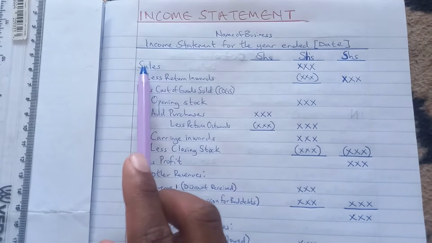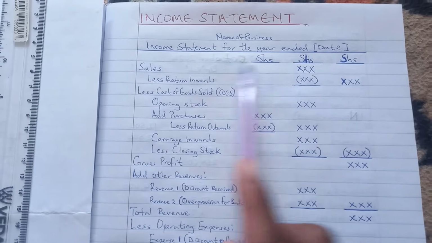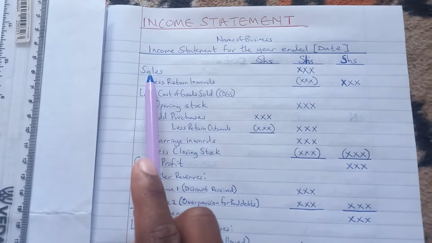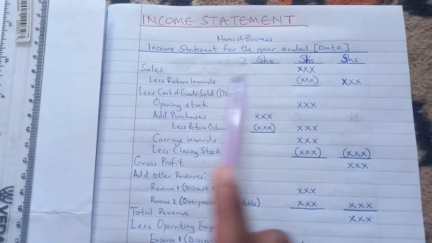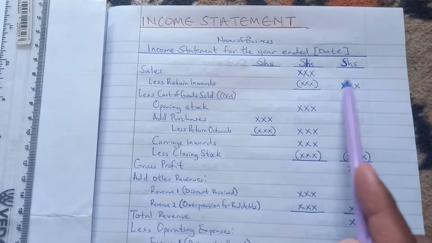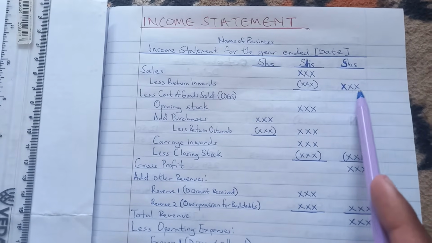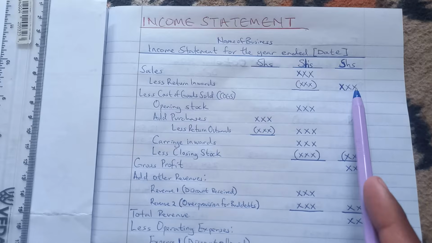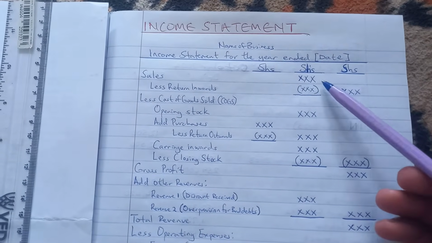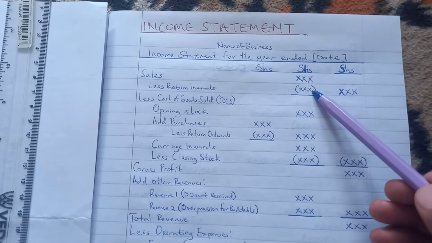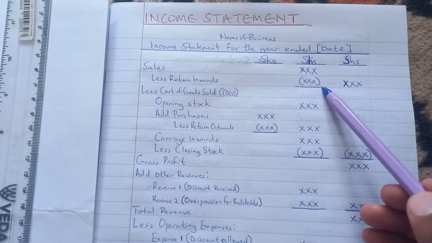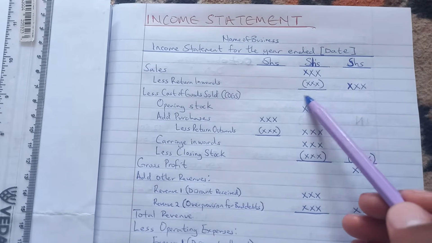So first of all, we start with the sales and then we less return inwards. The moment we take sales and we less return inwards, just as it has been illustrated here, you will get this figure which is called net sales. If you look at it keenly, this value subtracted by this, we all know that in normal operations of mathematics, the answer normally comes here.